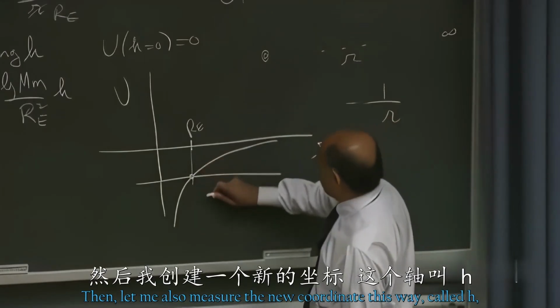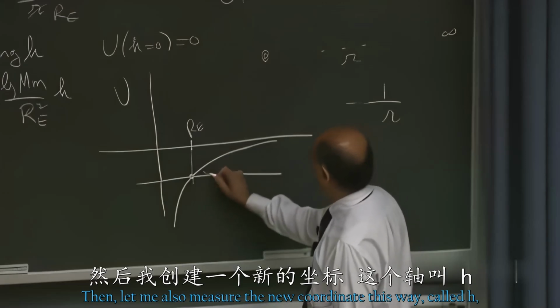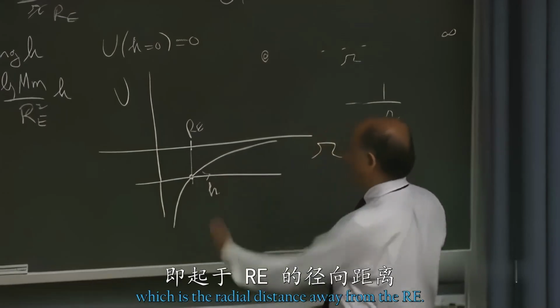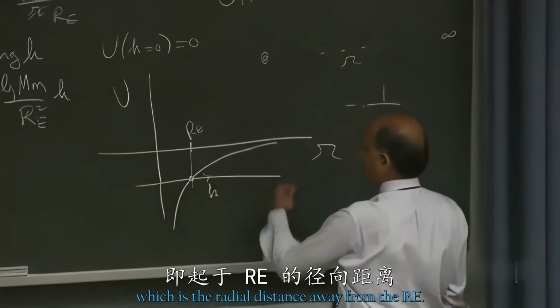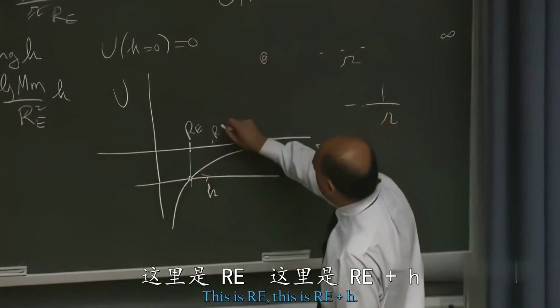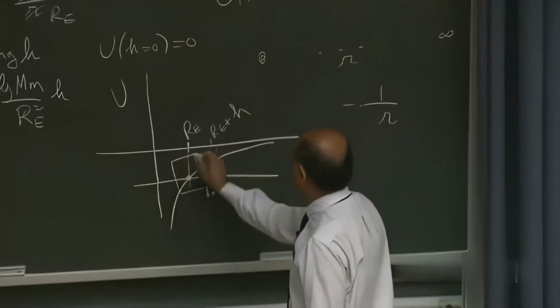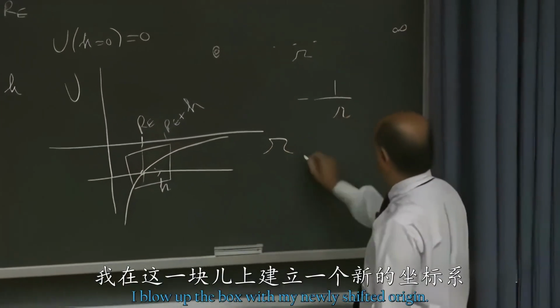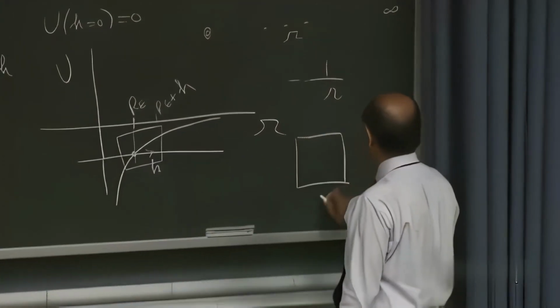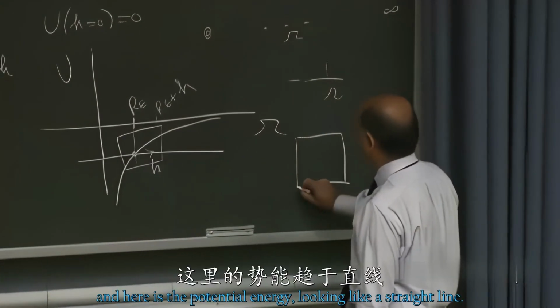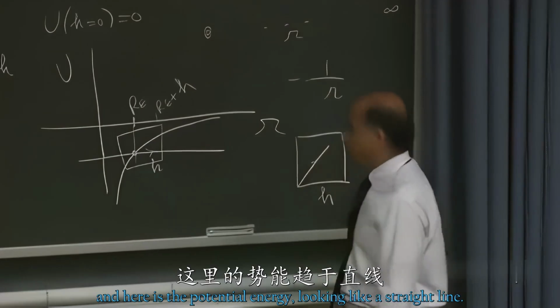Then let me also measure a new coordinate this way called h, which is the radial distance away from the RE. This is RE, this is RE plus h. Then I blow up this box. What do you find? I blow up the box with my newly shifted origin. Here is h, and here is the potential energy looking like a straight line.